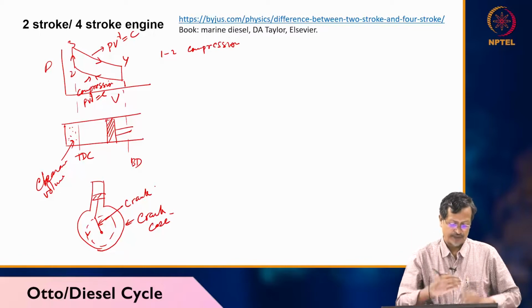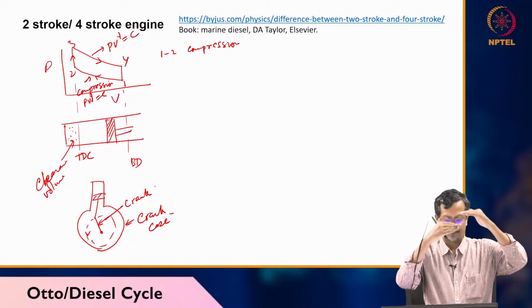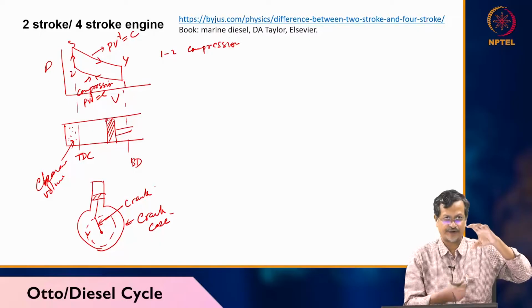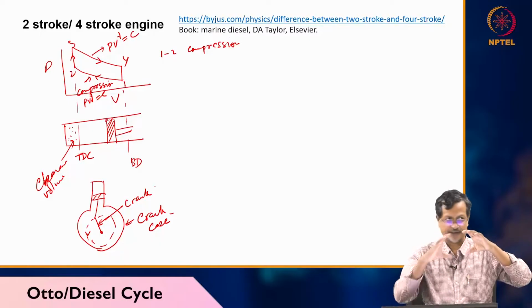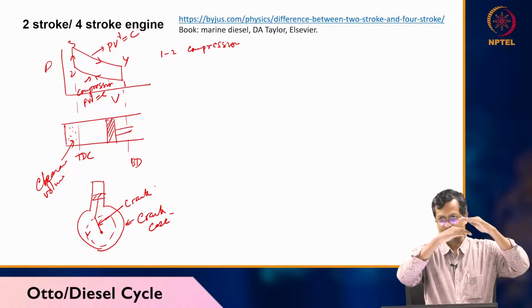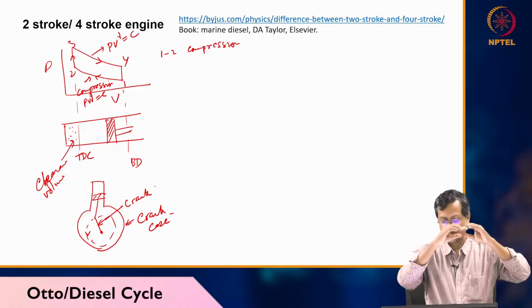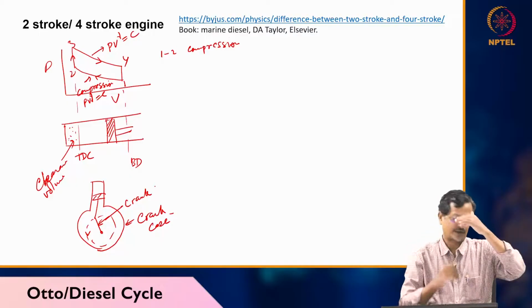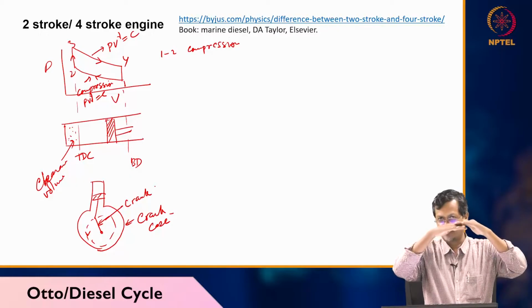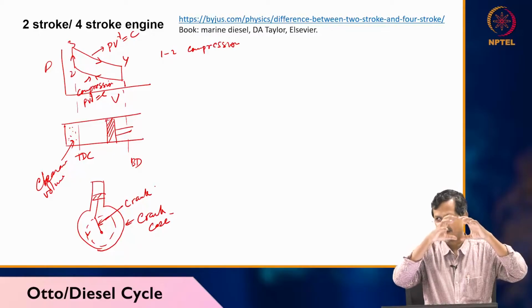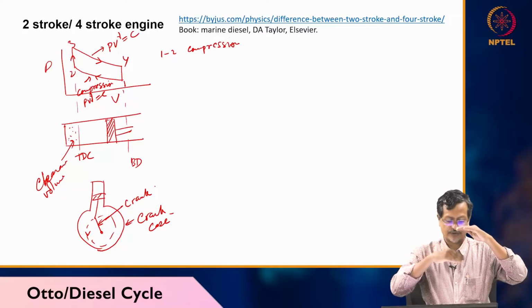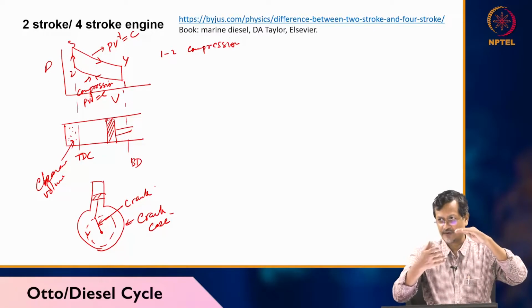Now, when the crank rotates and the piston moves up, let us say initially you filled your cylinder with air and fuel, you are compressing, after a certain temperature you give a spark and the fuel will be burning and the piston will be moving down continuously. When the piston is moving down because of the high-pressure gas you created, you are getting power or torque.